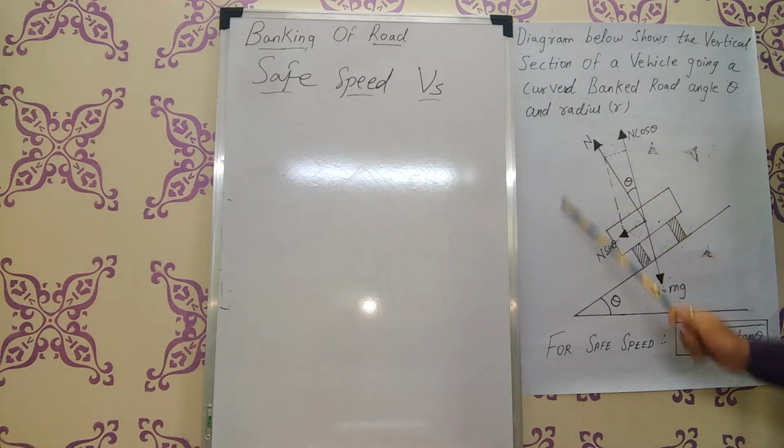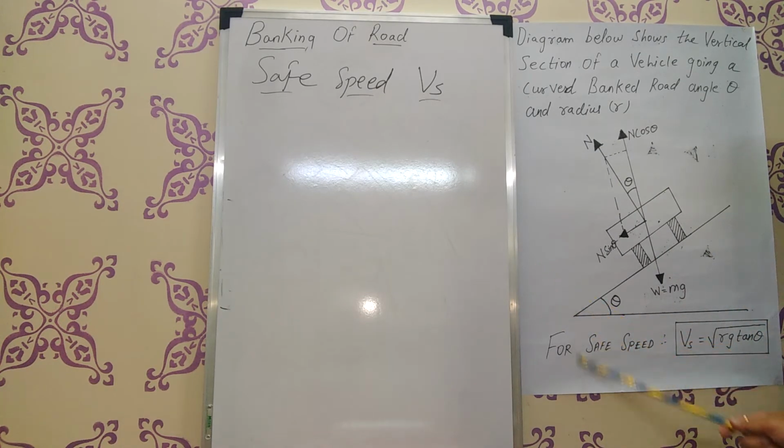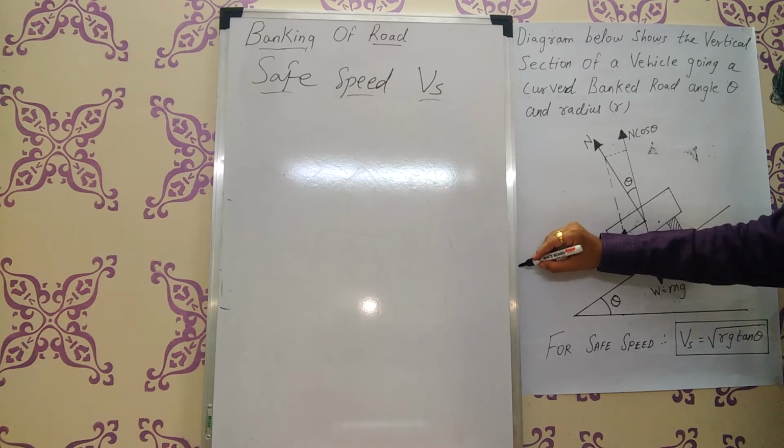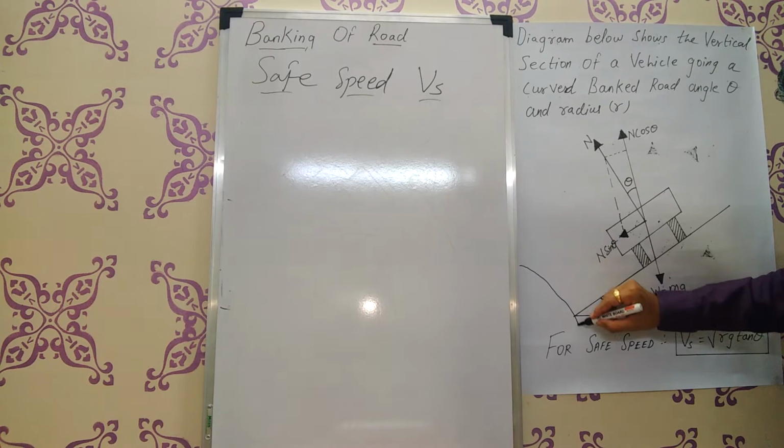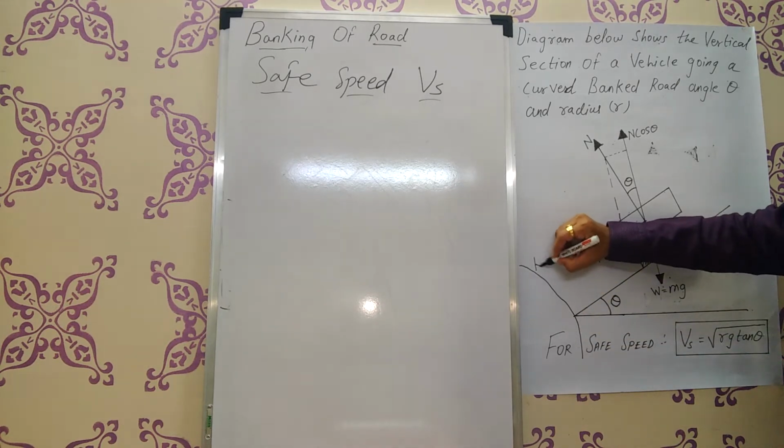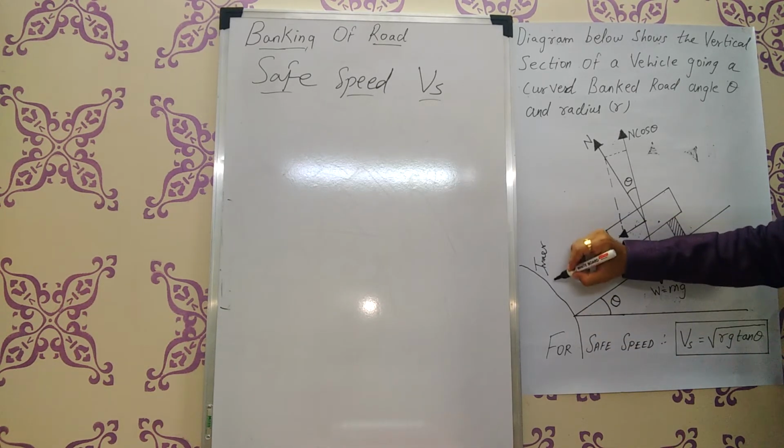So in this diagram I have shown that this road is banked. Now this part is my inner surface of the road.